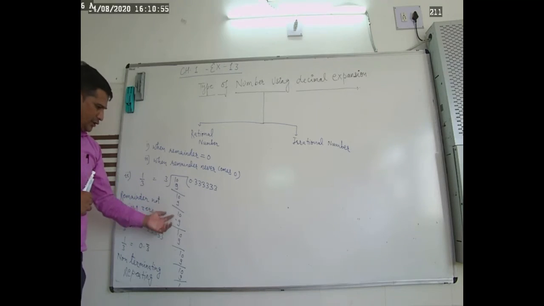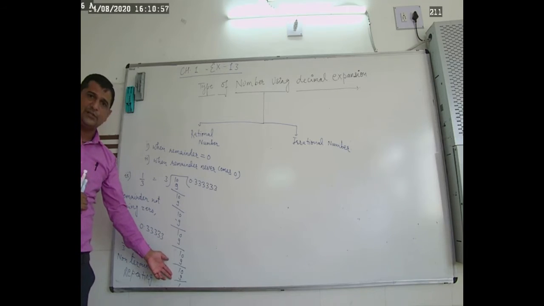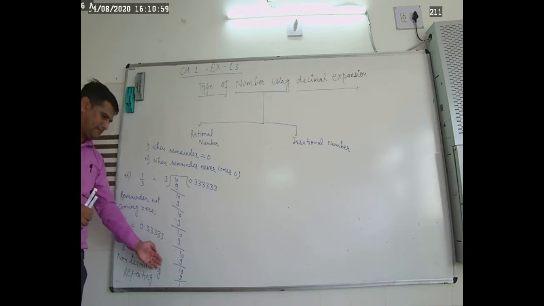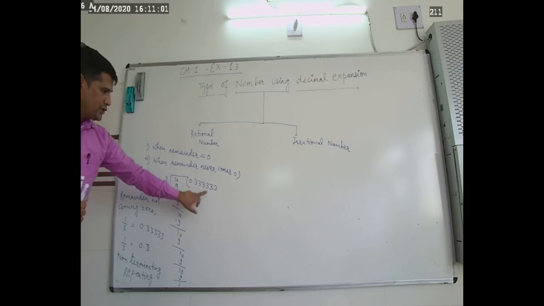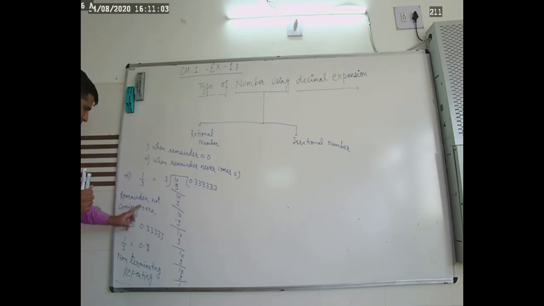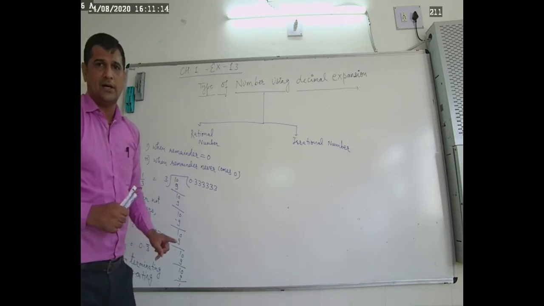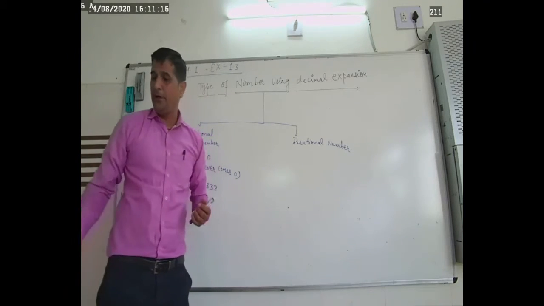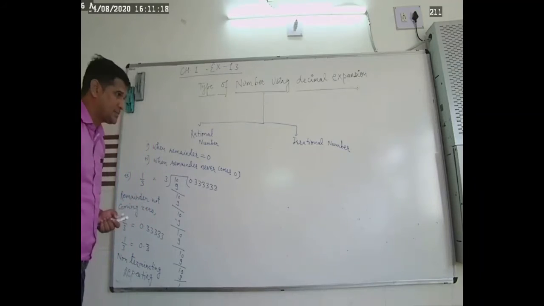In all the steps the remainder is not coming 0. The quotient is repeating, 1/3 is equal to 0.33333. So 1/3 can be written as 0.3 with a bar. The bar denotes the digit which is repeated in the decimal expansion.